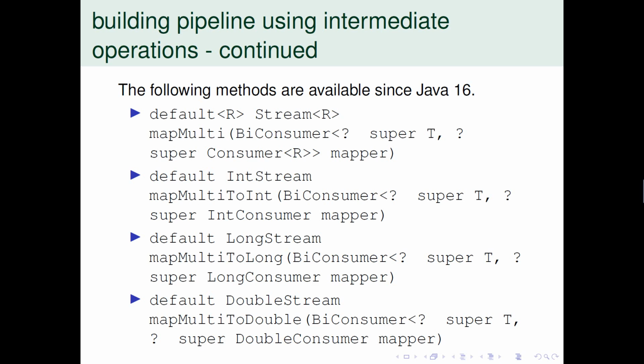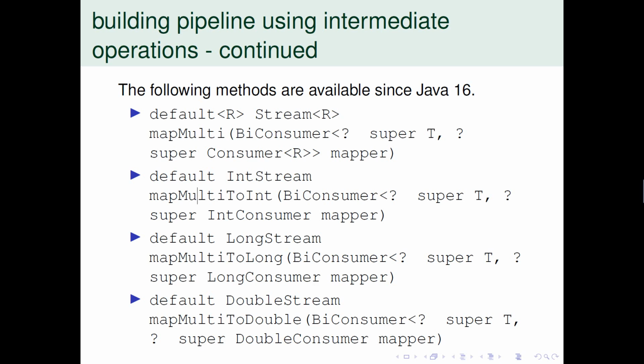It gets two inputs. The first input is the element. The second input is a consumer object. So it takes one element and decides, while processing this one element, can I generate multiple values, or whatever values I can generate of type R? I will call the accept method on that consumer of R. Consumer has a method called accept.